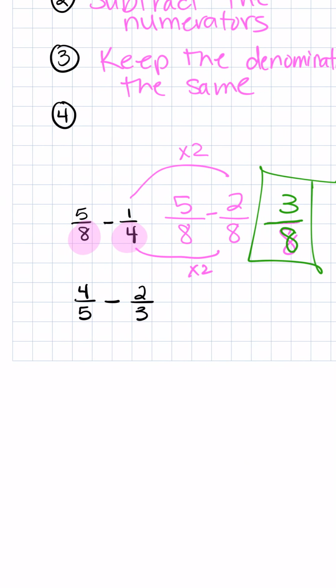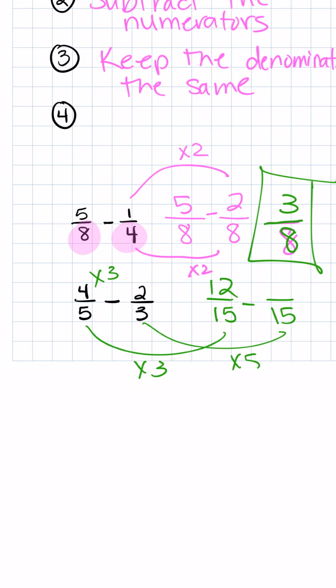This one, 3 and 5, the lowest common denominator is 15. So this one we multiplied by 3. Have to multiply that by 3. This one we multiplied by 5.